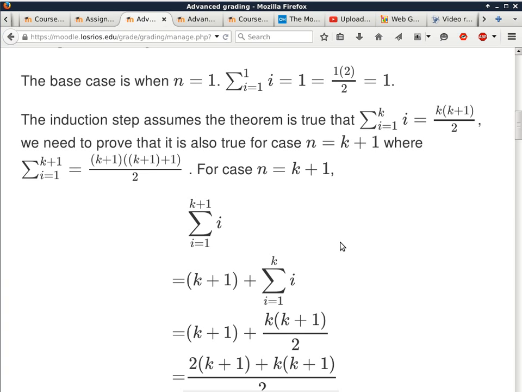I want you to prove it one way or another. Well, in this case, I want you to prove that it is true. It is known that it is true, but I want you to prove it. And I want you to prove it by induction. That's part of the question. There are probably ways to prove this one without using induction, but since the question explicitly asked that you prove it by induction, you have to do it by induction.